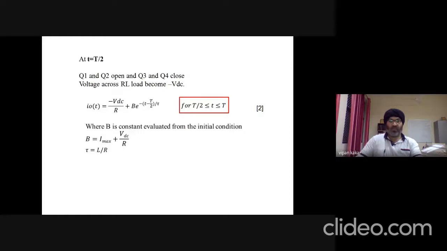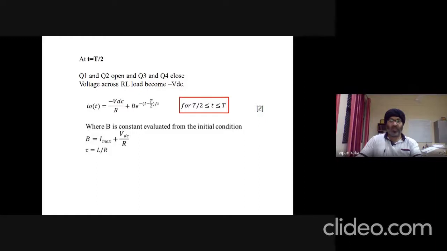And then from T by 2 to the total time period T, Q1 and Q2 are off and Q3 and Q4 are on. So the voltage at the load is now minus VDC. So we have the output current, which is minus VDC by R plus the same natural component from T by 2.